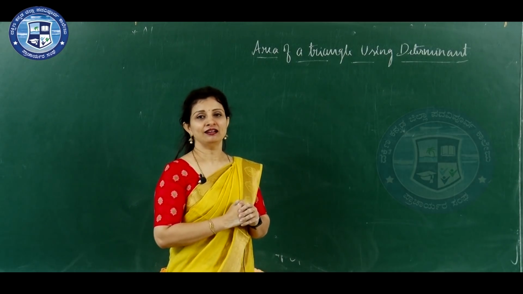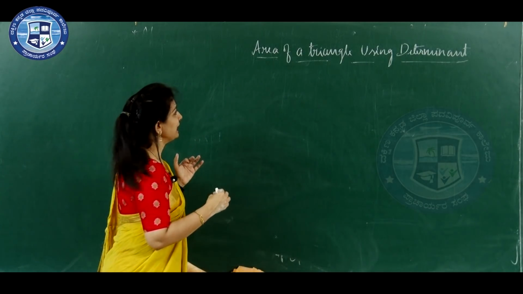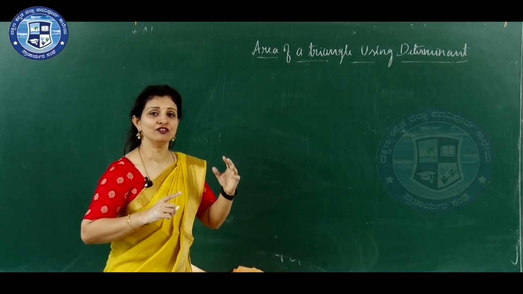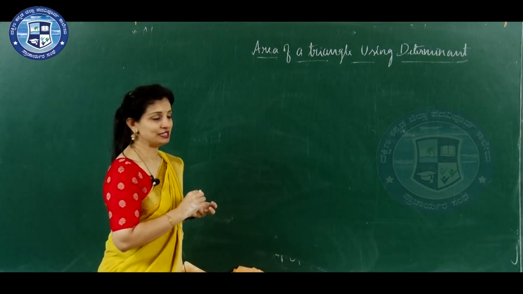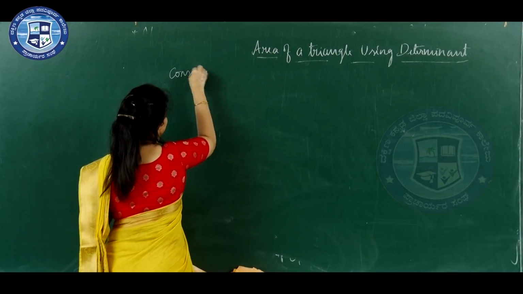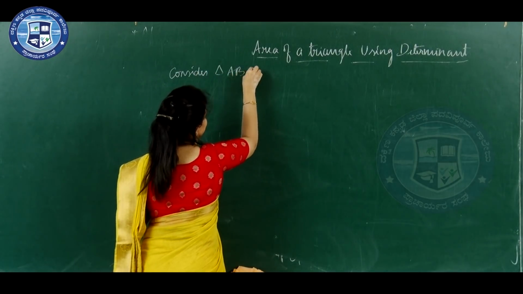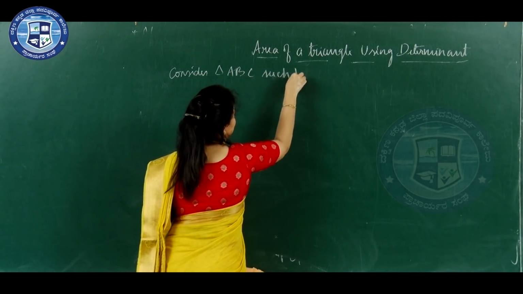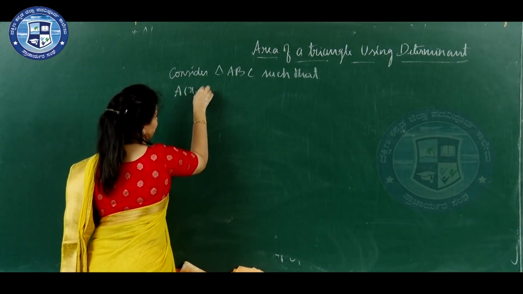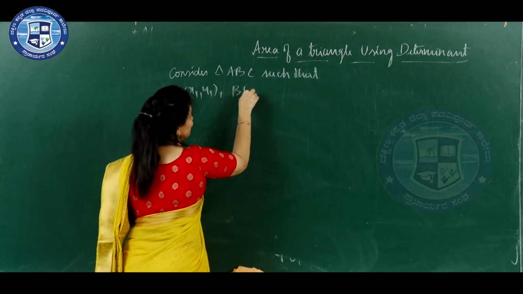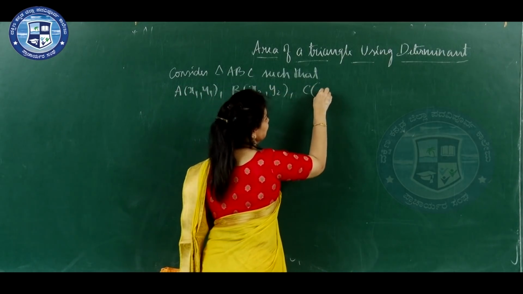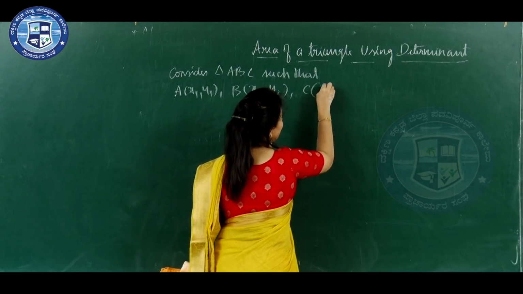Area of triangle, as all of you know, if the coordinates of three vertices are known. Suppose consider a triangle ABC such that the coordinates are A (x1, y1), B (x2, y2) and the coordinates of the vertex C are (x3, y3).